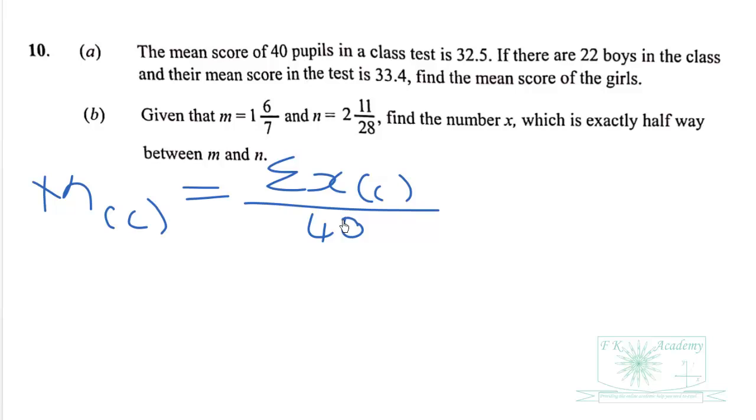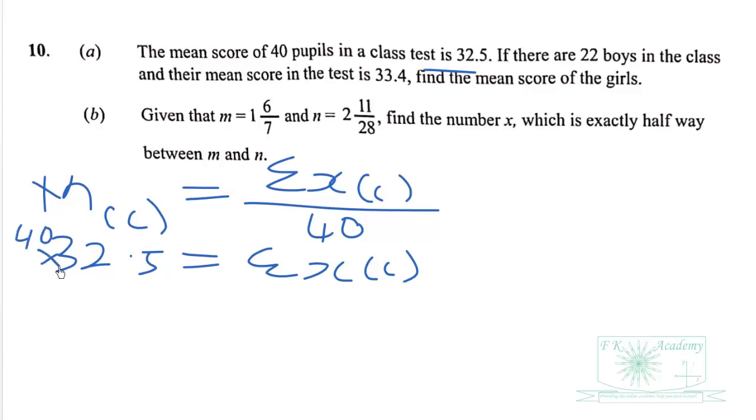So the mean score of the whole class is given as 32.5, which is equal to the total sum of the whole class over 40. So we multiply this by 40. So 40 times 32.5 will give us 1,300. So the total score of the whole class is 1,300.